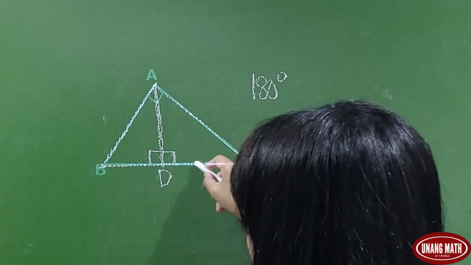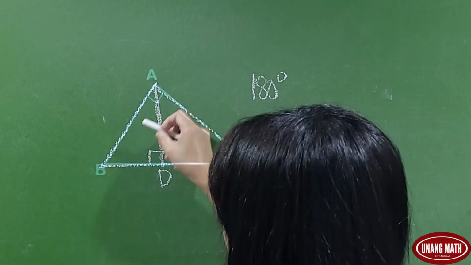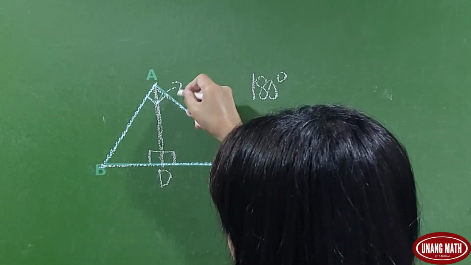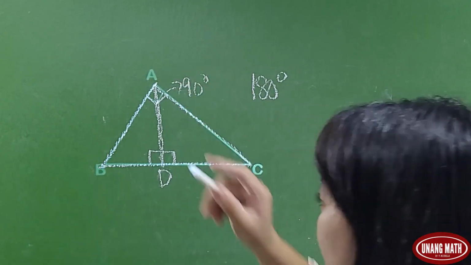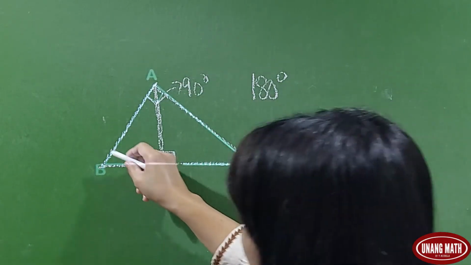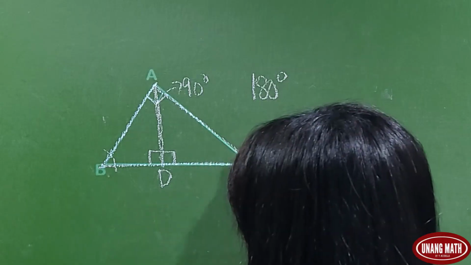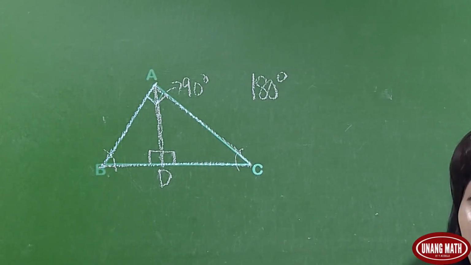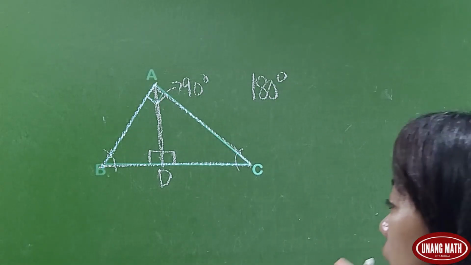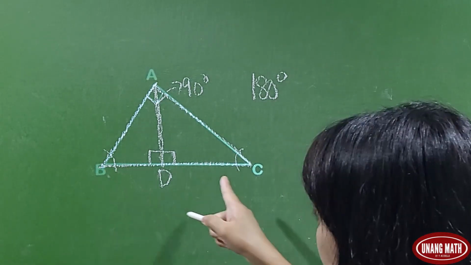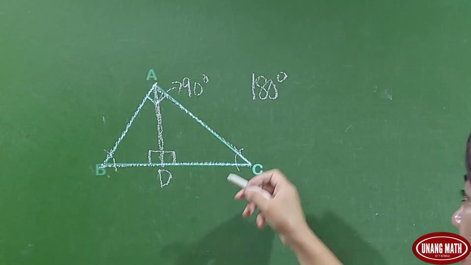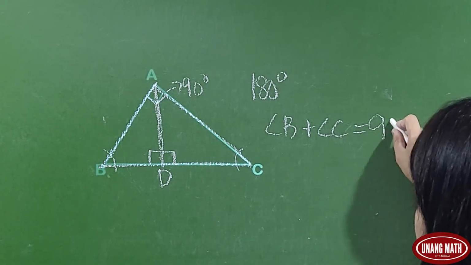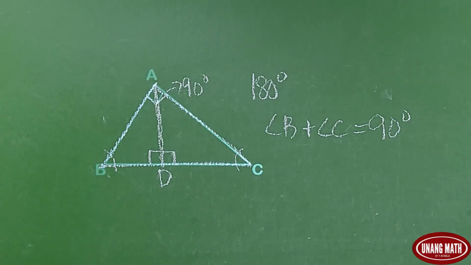Considering this right triangle ABC, it's already indicated that this is a right angle, so this is 90 degrees. We actually don't know the measure of angle B. We also don't know the measure of angle C. But we know that if we add angle B and angle C, that's going to be equal to 90 degrees.